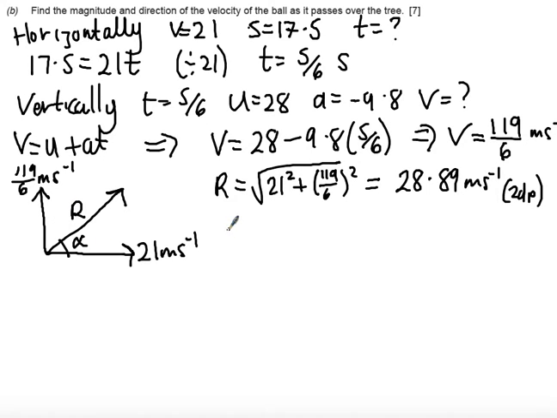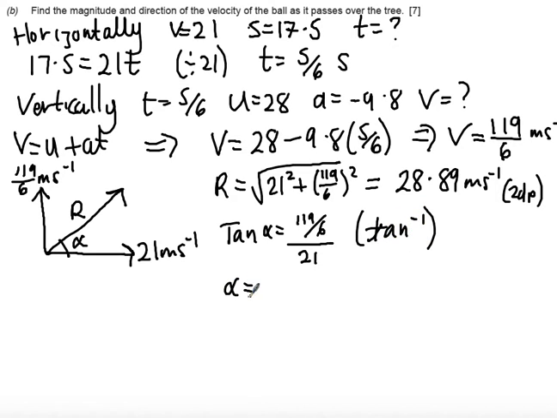So what I know is tan alpha will be opposite, which is 119/6, divide by 21. So taking tan to the minus 1, the inverse function of tan of both sides, I get that alpha is 43.36 degrees to 2 decimal places.